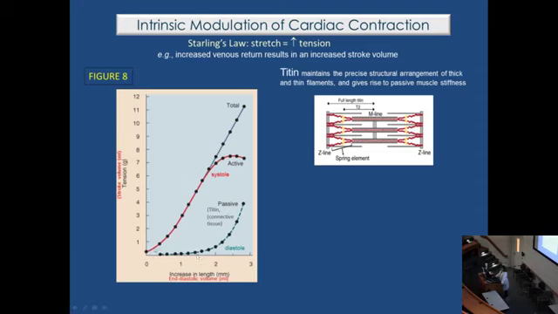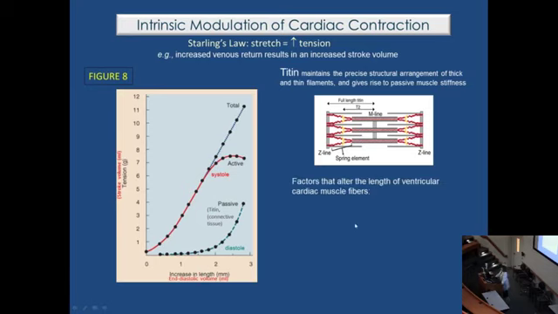Because, for instance, if for some reason there is an increase in the end diastolic volume, the action of this property, the passive tension, will avoid the overstretching of the heart. And then when you increase the diastolic volume, it will result in an increased stroke volume, as I have illustrated here.